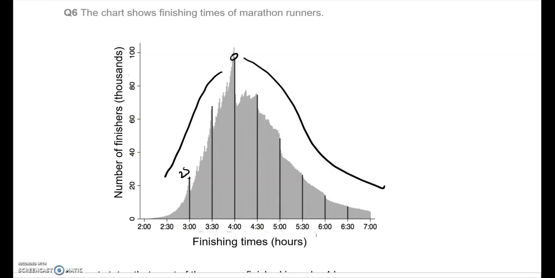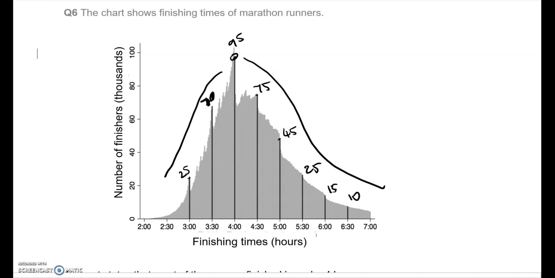So this is 25k. This is about 70k. And we've got this being 95. 75 perhaps here, maybe 45, 30, well, at 25, 15 and 10 perhaps.